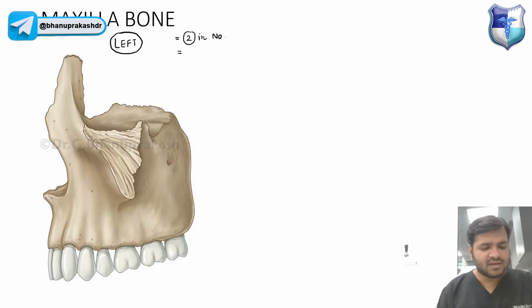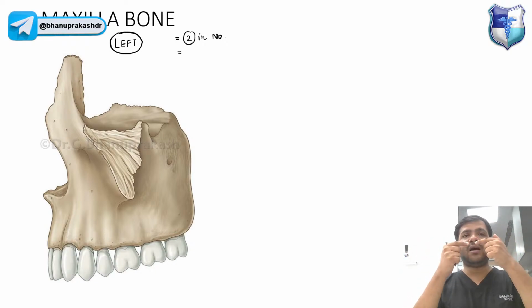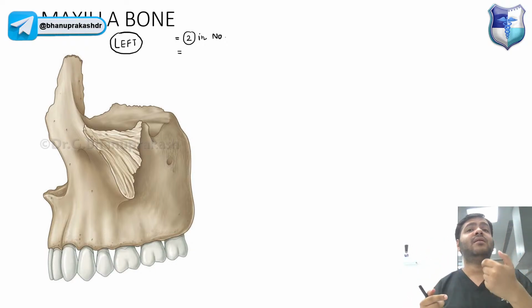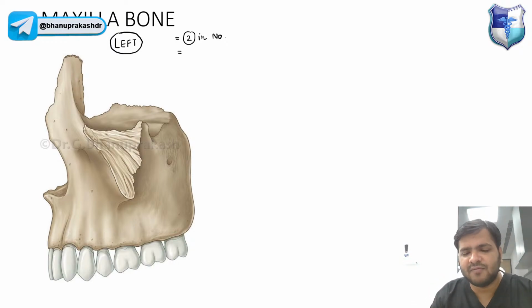Can anyone tell me in the chat box by which suture the two maxillae are joined together? I just want the name of the suture, not the type.